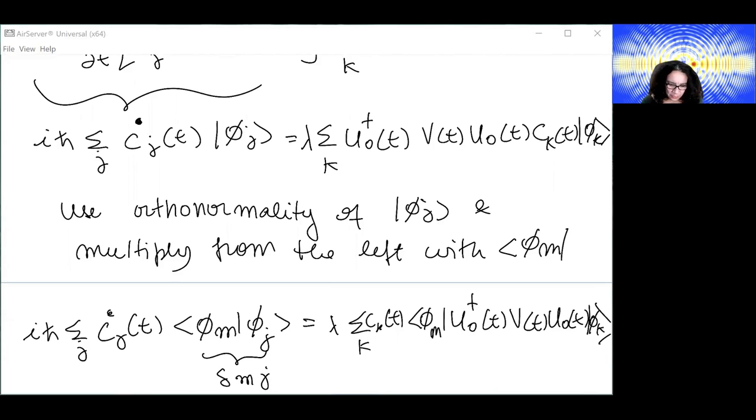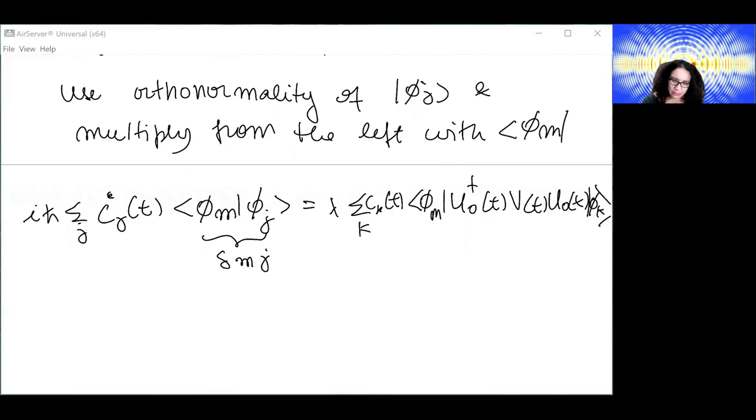All right, so we're almost there, because we can see that on the left-hand side, the only term that is going to survive because of the Kronecker delta is the term where m is equal to j. So we can write that this is i h-bar c_m dot(t). And on the right-hand side, we can do the following. We can apply this here and this here.